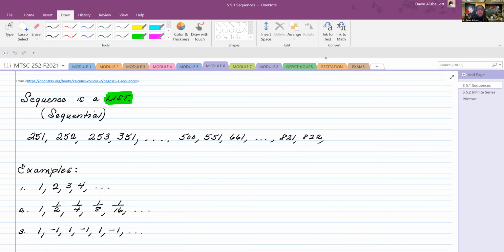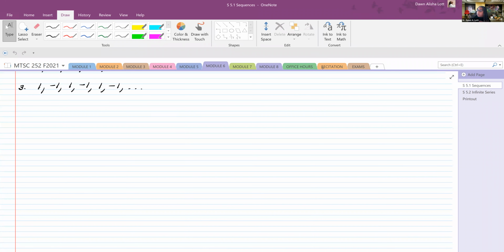So here's some examples. Okay, so I'll have a sequence a_n, n equals 1 to infinity, that looks like the square root of n.